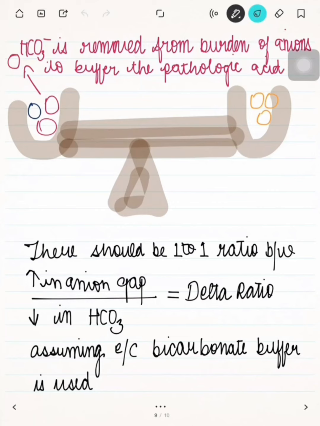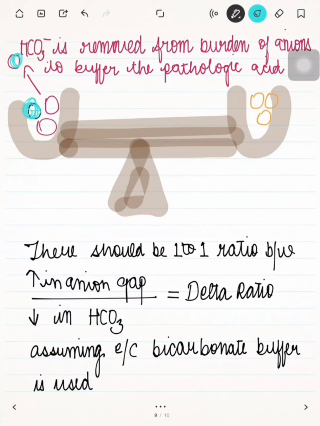So according to this, in high anion gap acidosis, there should be a 1:1 ratio between the increase in anion gap due to the entry of extra anion, that is lactate, and the decrease in bicarbonate, which is going out to buffer.